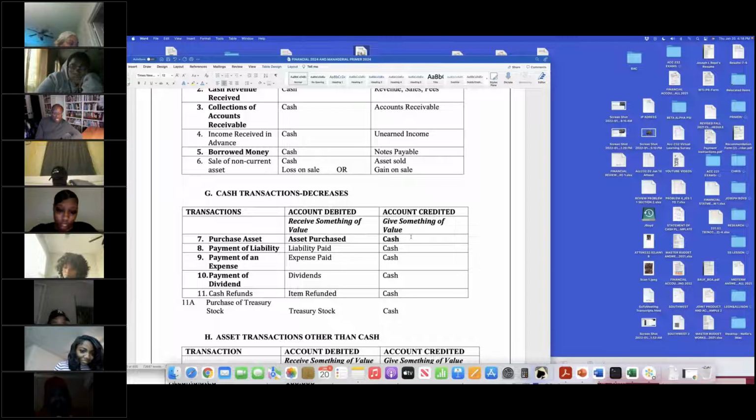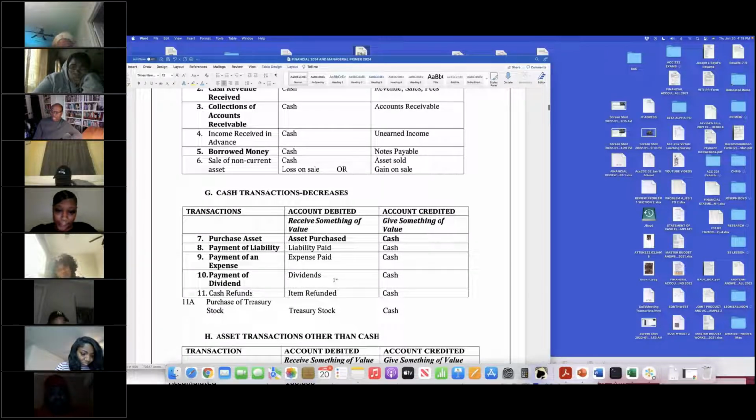If you paid an expense, you still credited cash. You had to say what the expense was. And if you paid a dividend, you had to credit cash also. Dividends represent the payment to the stockholders. So if you own stock in a company, the way you are paid is through a dividend. You can't get your money back. The company can declare a dividend. And there are a couple of other situations that are important.